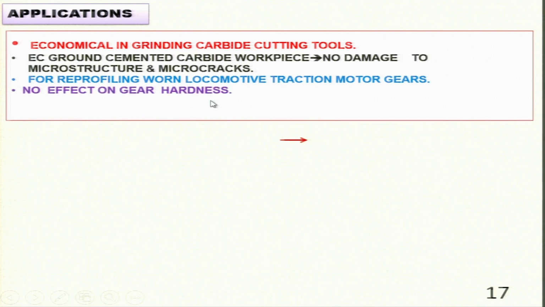No effect on gear hardness. It is not going to affect the properties of the component in case of ECG, because in conventional grinding, because of the large amount of heat generation, thermal damage takes place and mechanical properties may change, but in ECG it is not so.